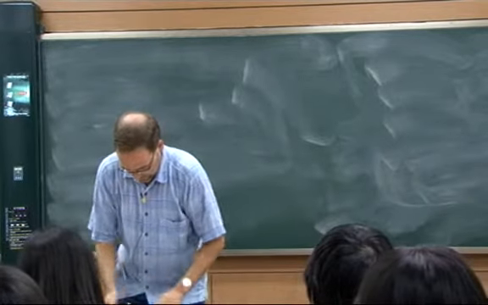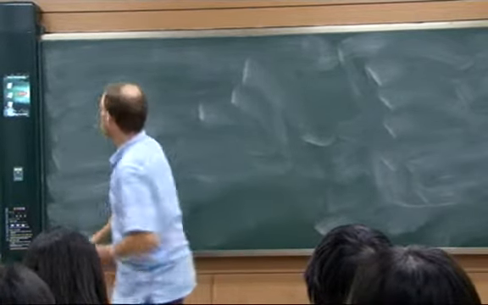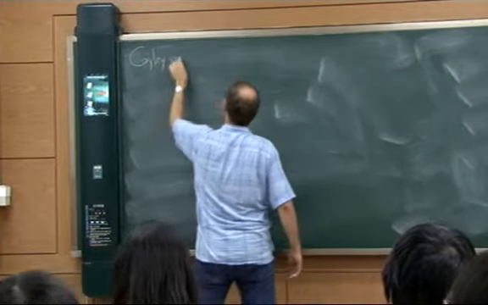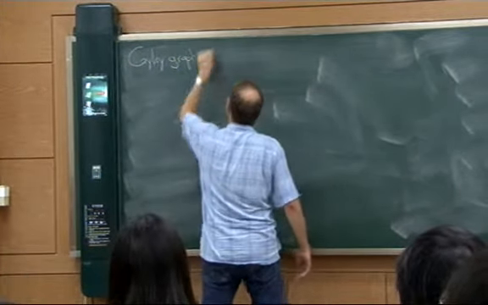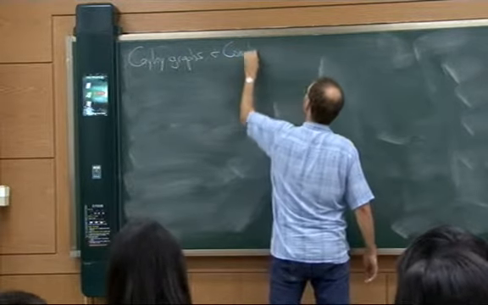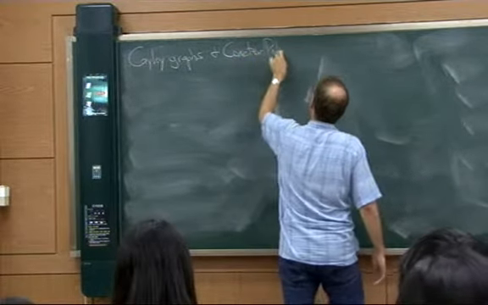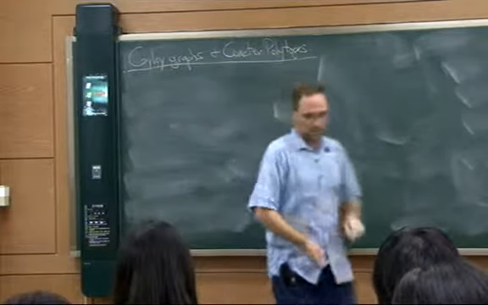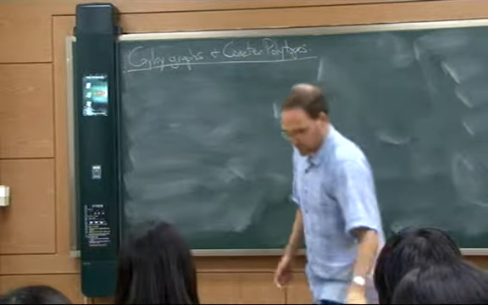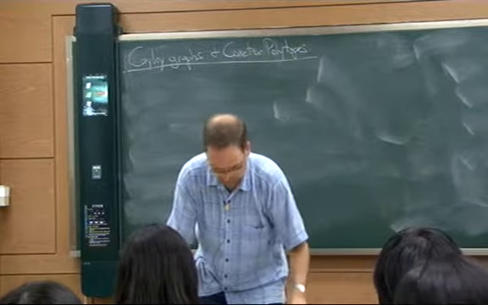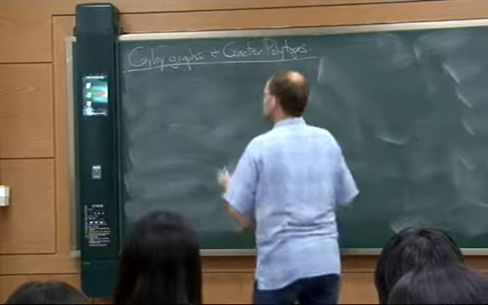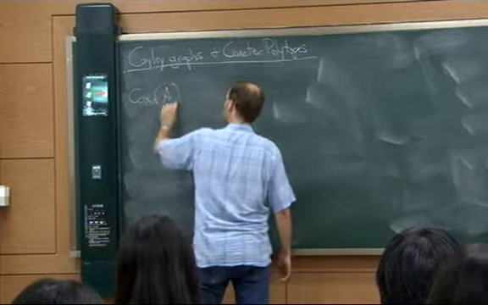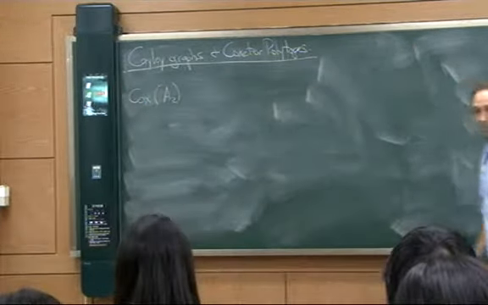I'm going to do it slowly, because what I want to do is I want to start with Cayley graphs and Coxeter polytopes. So, basically what I want to do is I want to look at just a couple of examples. So let's start with the Coxeter group of type A2.